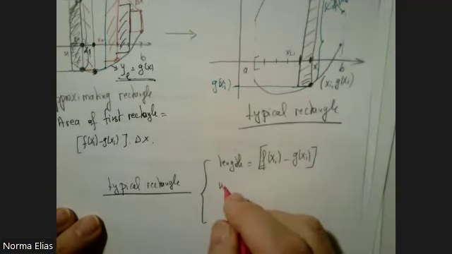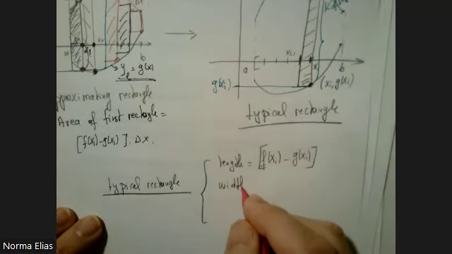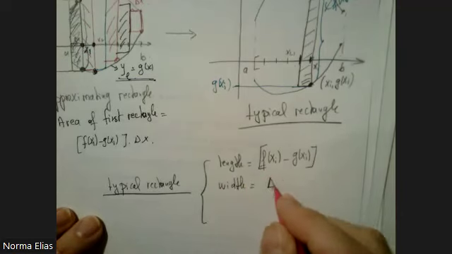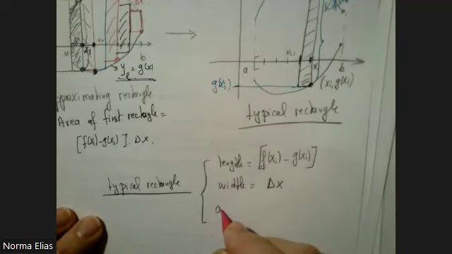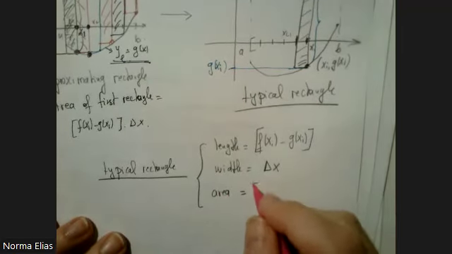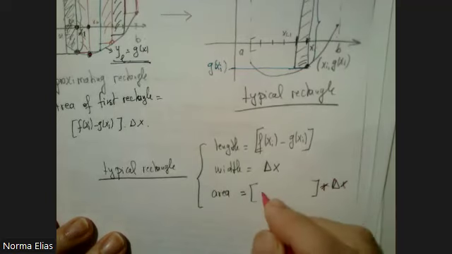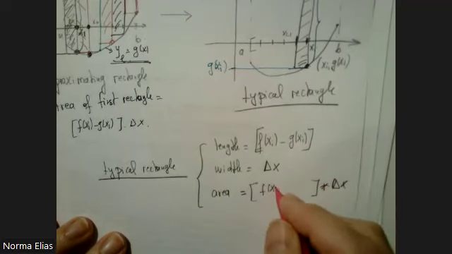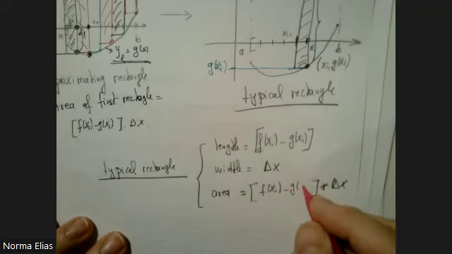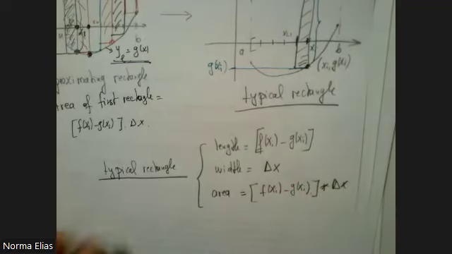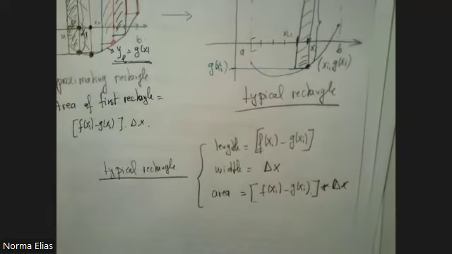The width is going to be the delta x. And finally, the area of every typical rectangle is going to be the length times the width. That means for every one of them, I know the area of the rectangle.